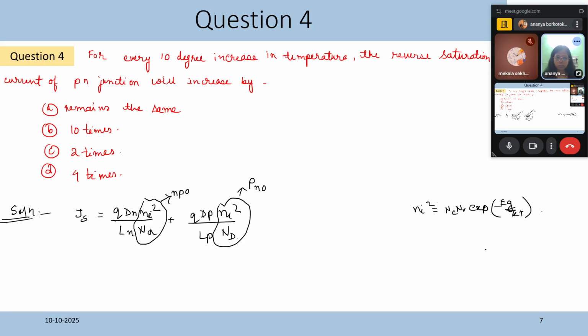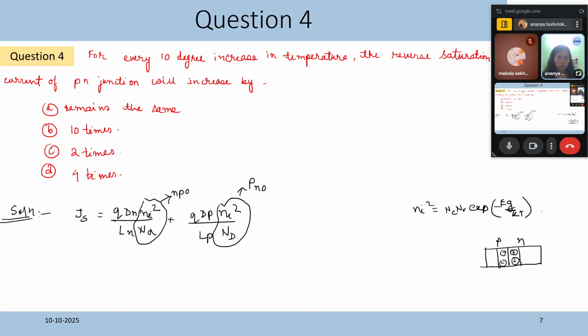In a PN junction we have the depletion layers, and when there is an increase in temperature, there will be more generation of electron and hole pairs, and that is the main mechanism by which the reverse saturation current increases.